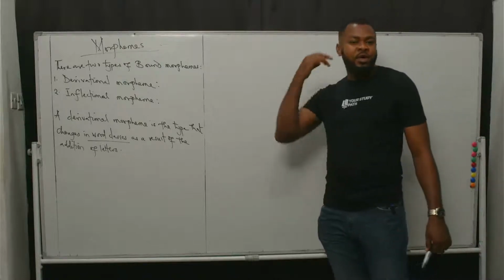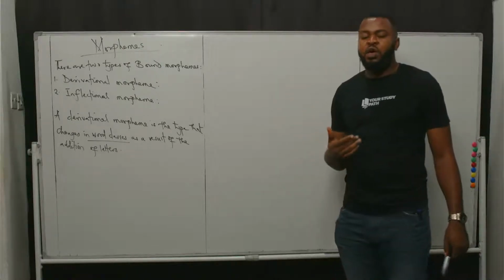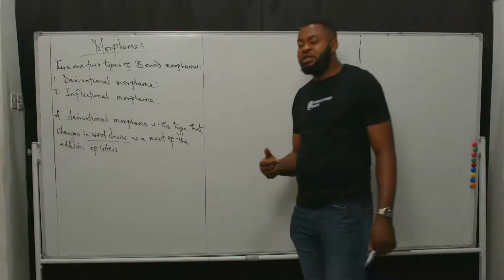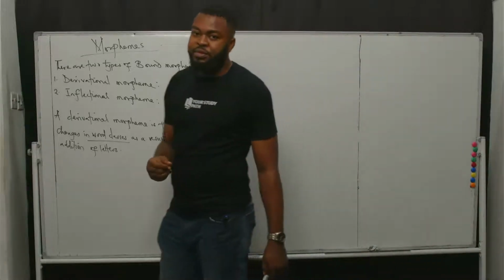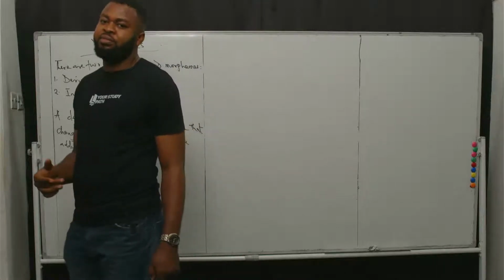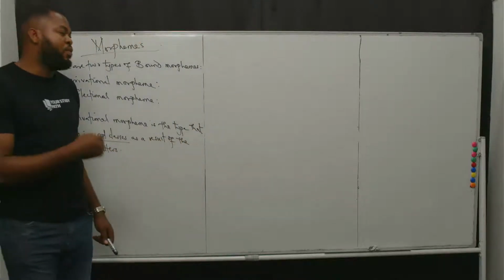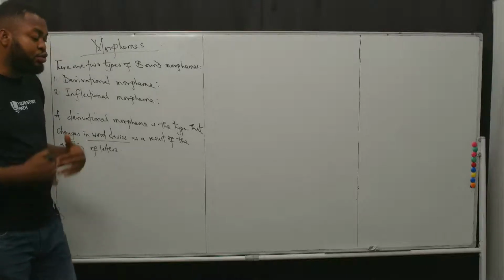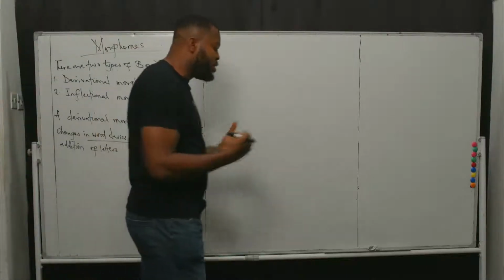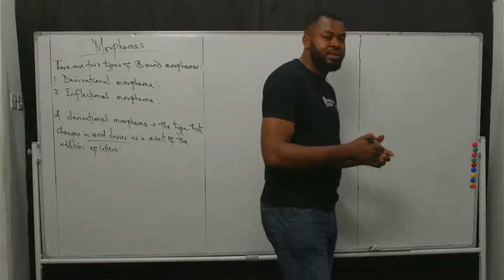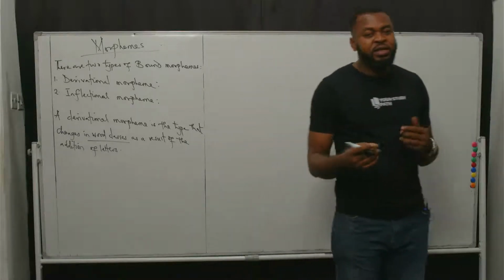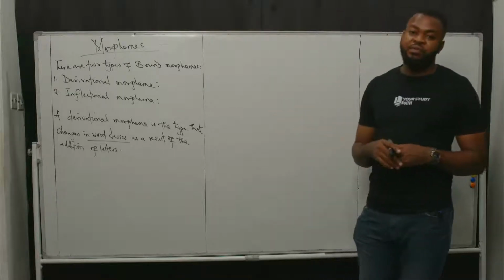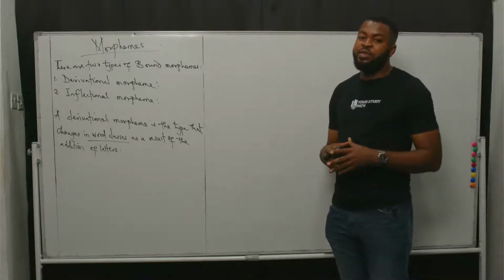So the more you keep compounding letters to the word, it will take new derivation in terms of the word class. So from the word derivational morphemes, you tend to derive new word class, new words as a result of the letters that you're adding to them. Those are derivational morphemes. And we're going to take examples to that.